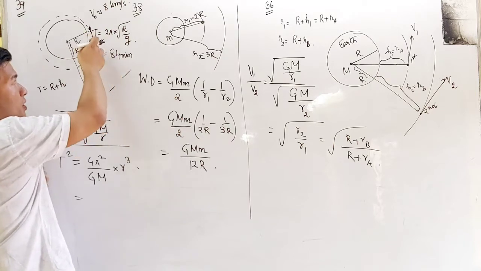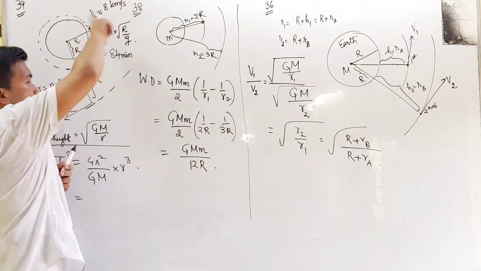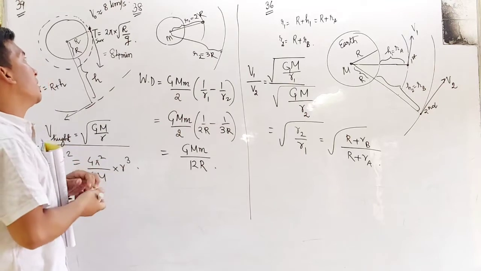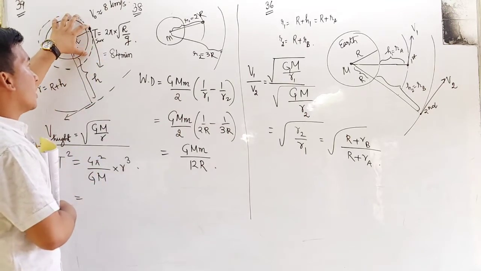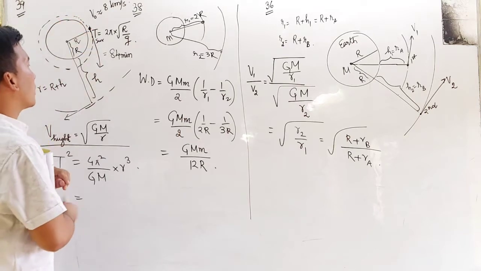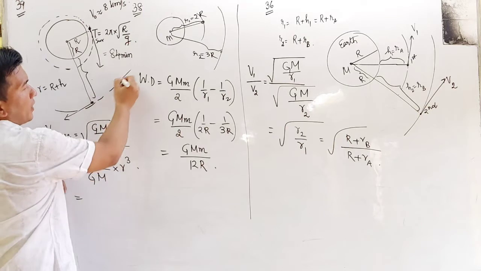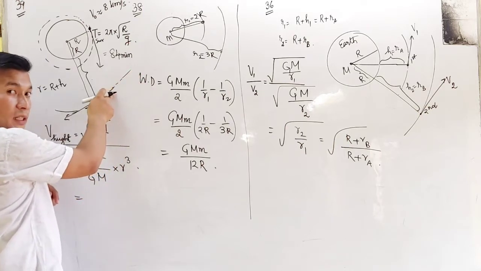Due to the increase in the speed, this satellite escapes from this near orbit and now comes to this greater orbit, the larger orbit.